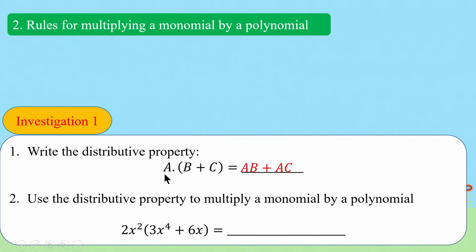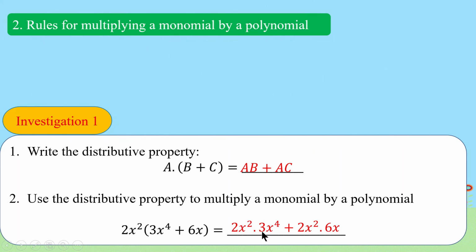Now, you can use this distributive property to multiply a monomial by a polynomial. You take 2x squared and multiply by each term. Here, 2x squared times 3x to the fourth, plus 2x squared times 6x.